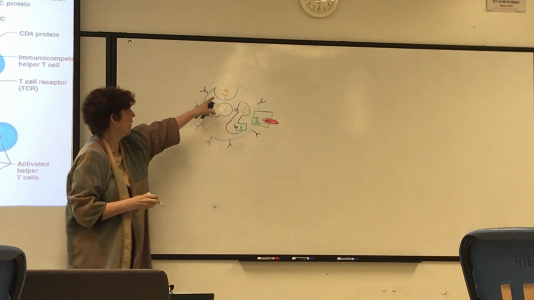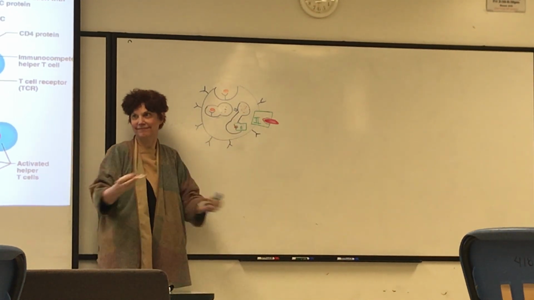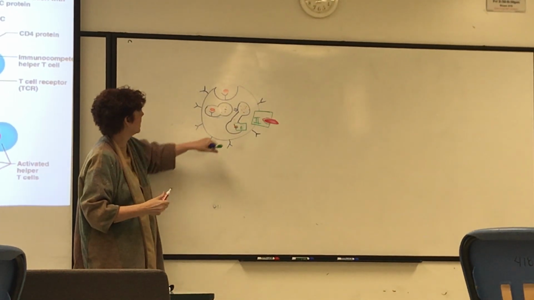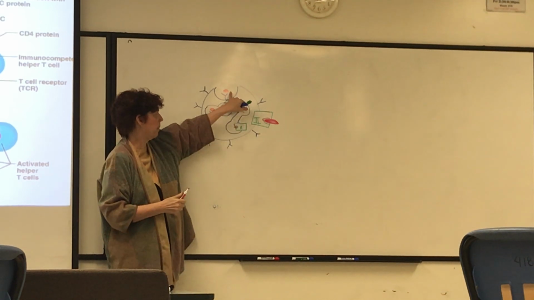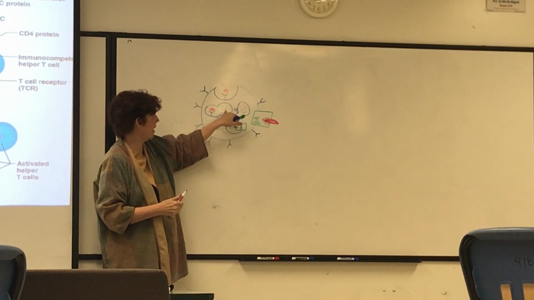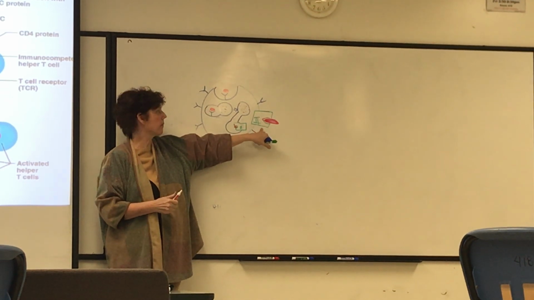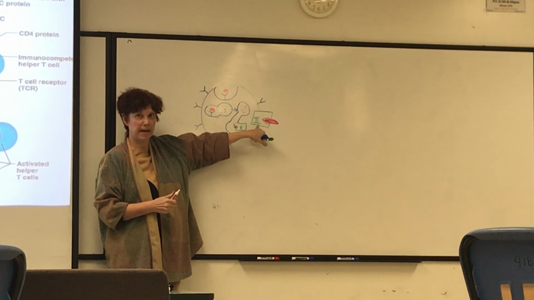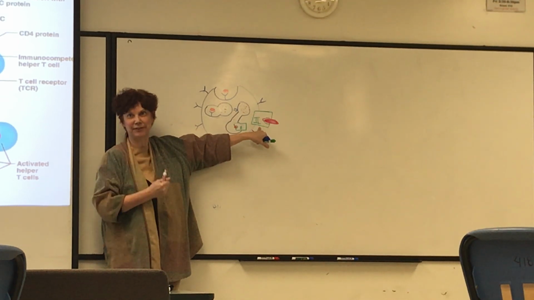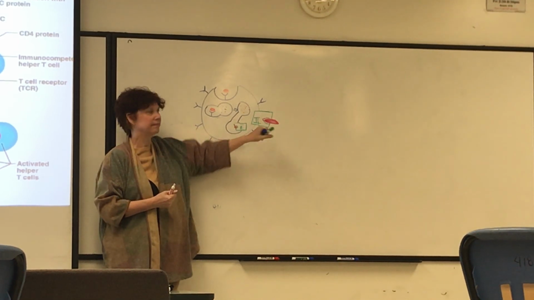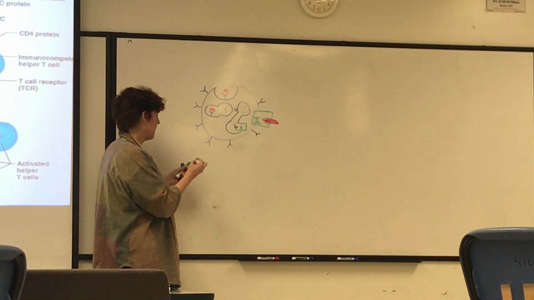So there's our viral protein, and I just drew it bigger. So there's a part of the viral protein that was broken down by the lysosome, inserted onto the surface of the B cell via an MHC class II, just like we did with the macrophage, okay? But this is our B cell.